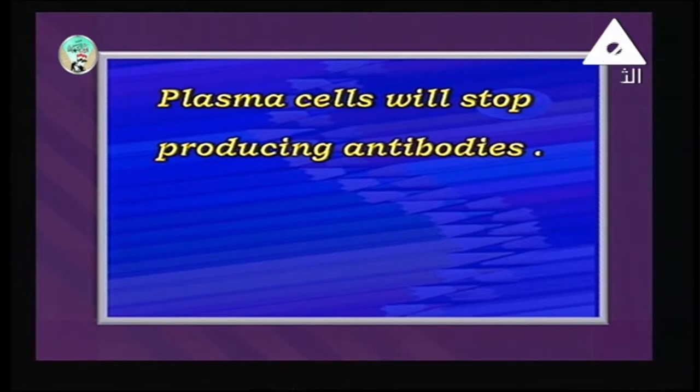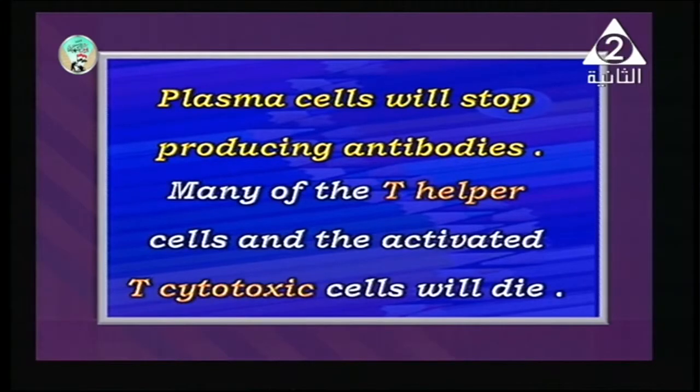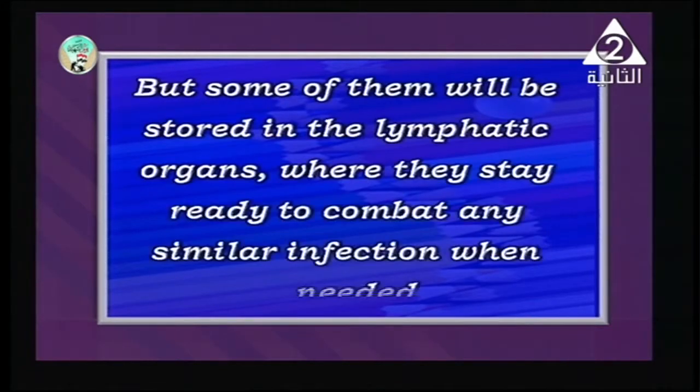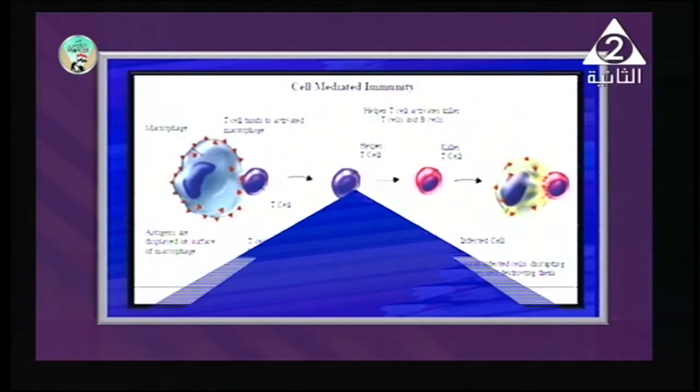The plasma cells will stop producing antibodies. Many of the T helper cells and the activated T cytotoxic cells will die. After that, some of them will be stored inside the lymphatic organs, where they stay ready to attack any similar infection when needed.